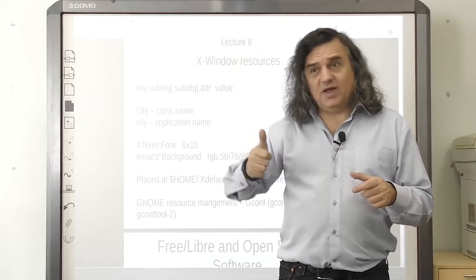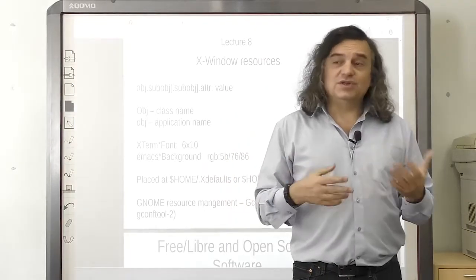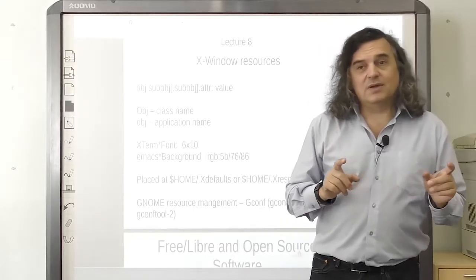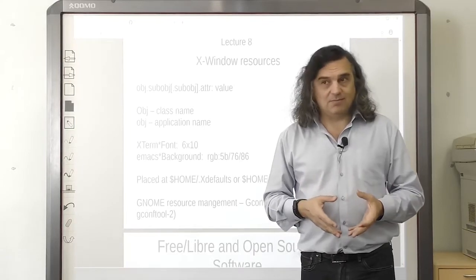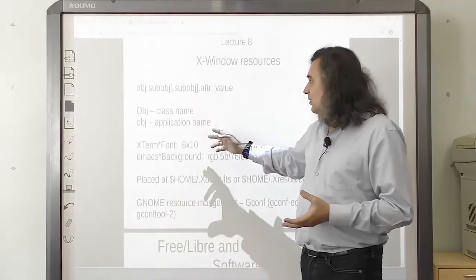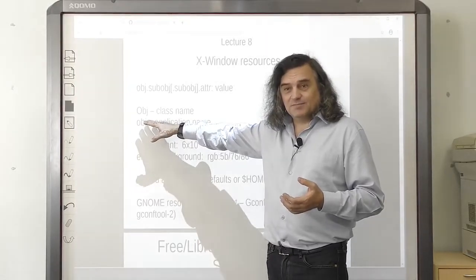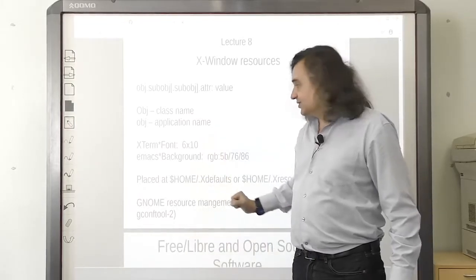At the top level is the class and the instance name of the application itself. By convention, the class name of the application is the same as the program name, but with the first letter capitalized. Some examples of resources.